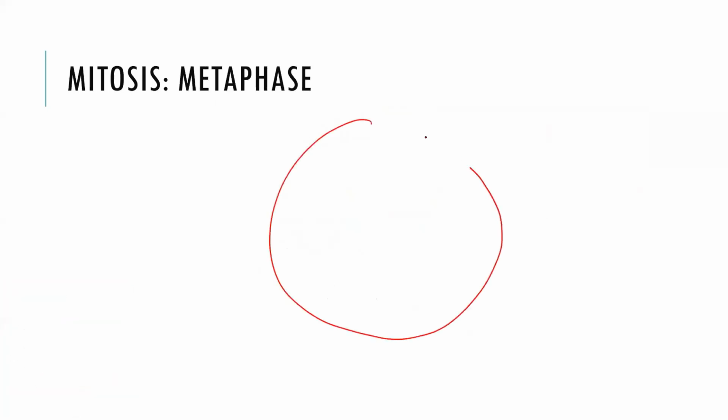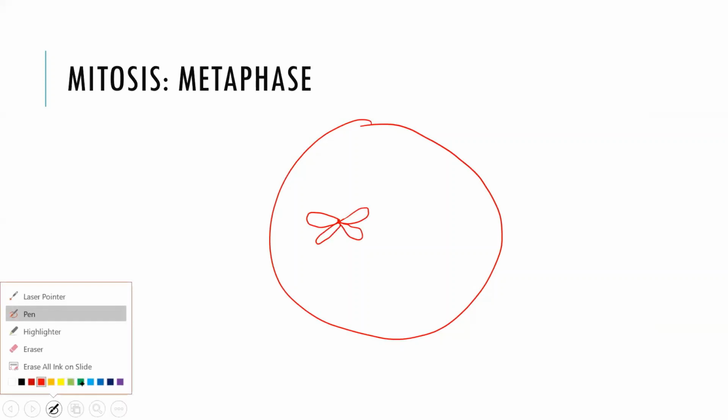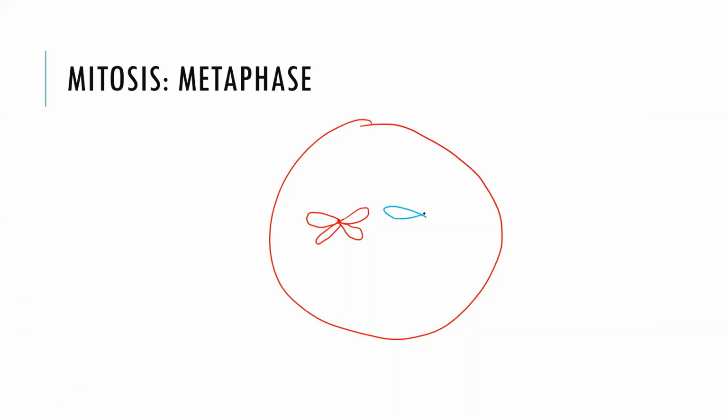So you have the cell like this, and our chromosomes start to arrange in the central area. The central area is called the equator. This central area is called the equator of the cell.